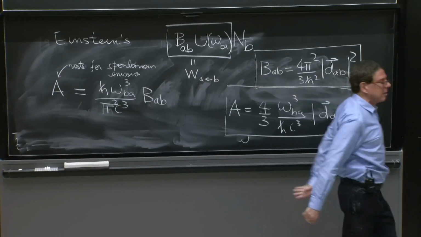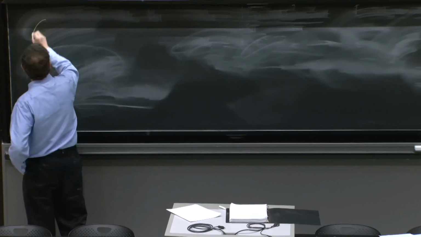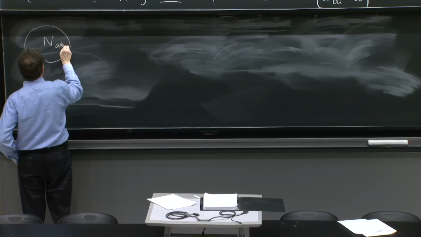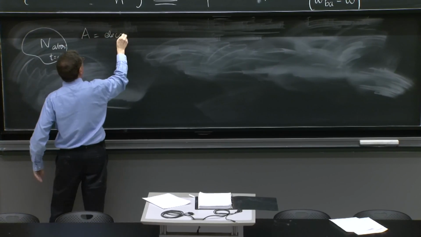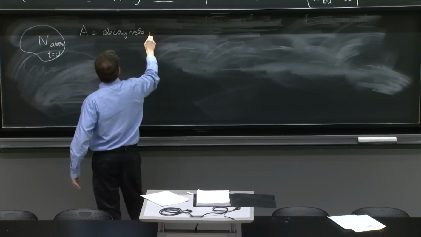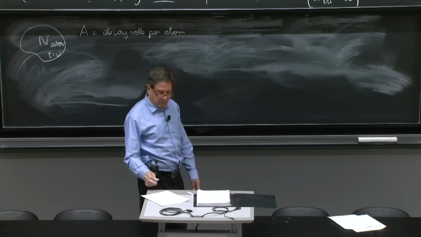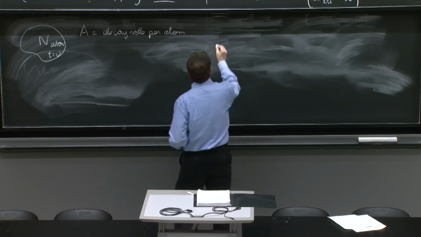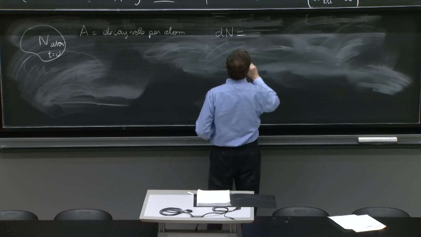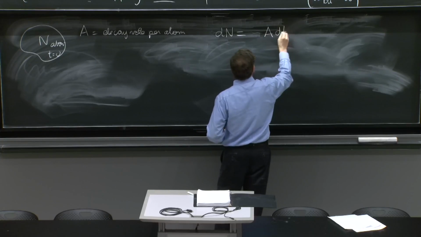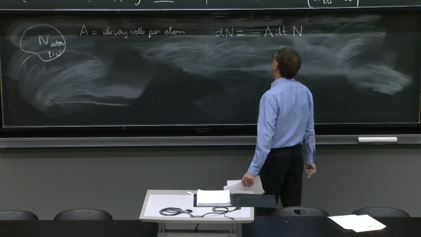You have an atom, there's a decay rate A. So if you have a population of N atoms at t equals 0, and A being a decay rate per atom means that the number of states that are changing in a little time dt is minus A times dt, the rate multiplied by the time, per atom times the number of atoms.